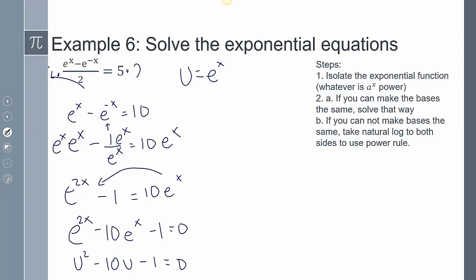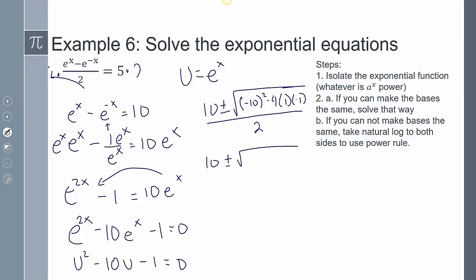So if I use the quadratic formula, I get negative b plus or minus the square root of b squared minus 4 times a times c all over 2a. So that's going to give me 10 plus or minus the square root of 100 plus 4 all over 2.